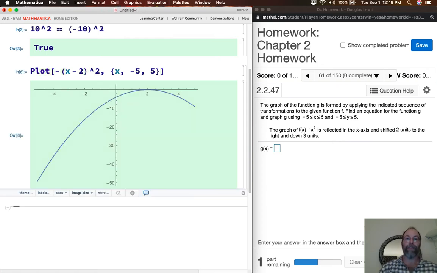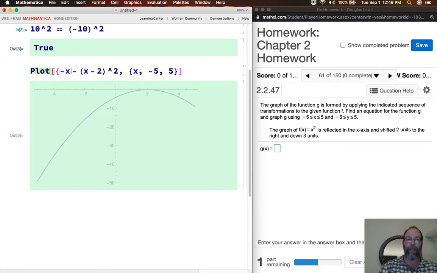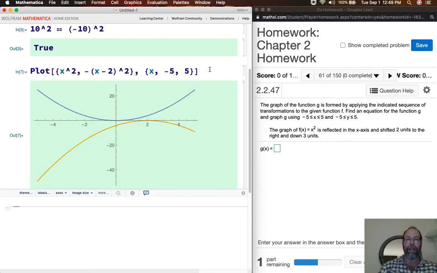Okay, so now my function looks like that. So this was the original function. Oh, sorry, x squared. Let me put another list brace right over here. Okay, so the curve in blue is the original function.